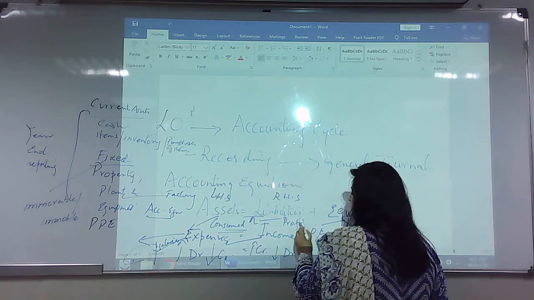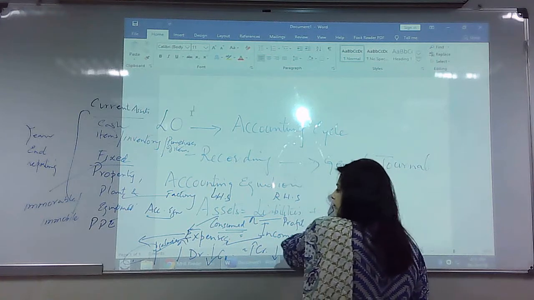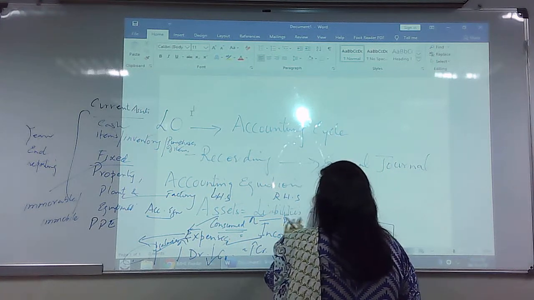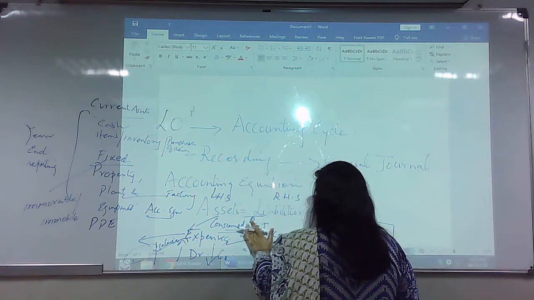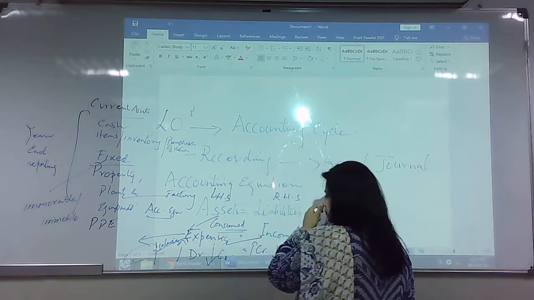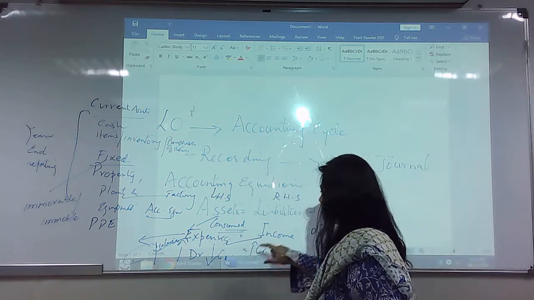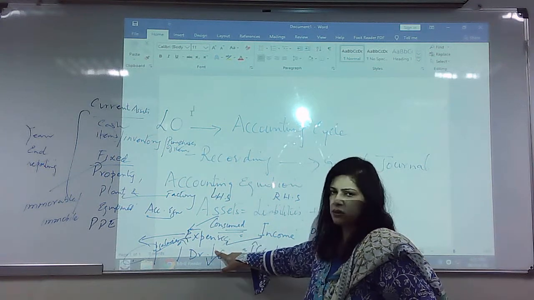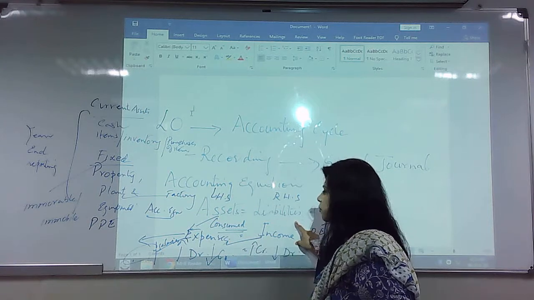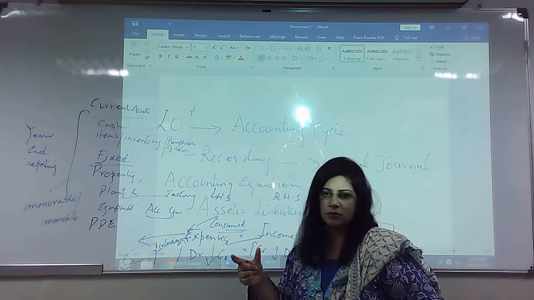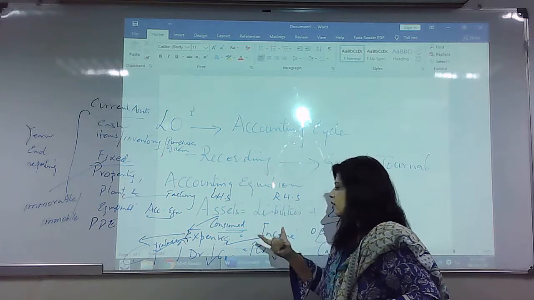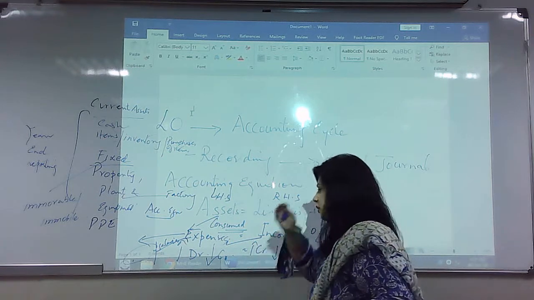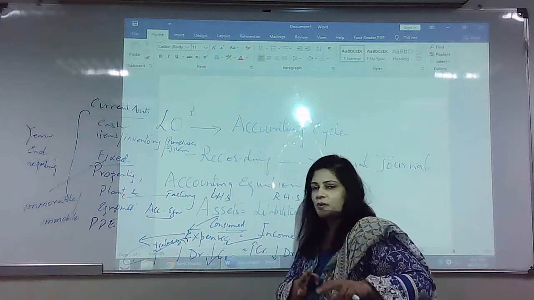Rather, I would say that at this time, income is equal to expenses, okay? I don't want to go into profit because then we need to consider revenue. And income and revenue are again different concepts. This is going to become more complicated.